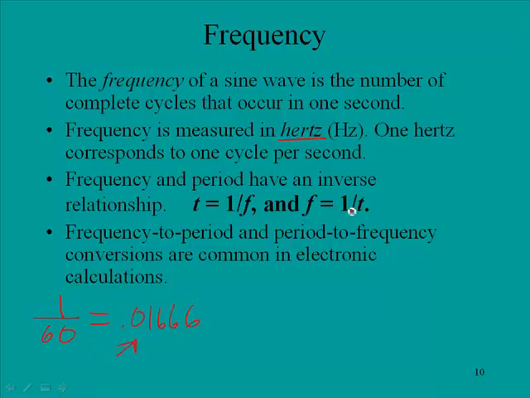And also frequency equals 1 over time, so if we took 1 over that value, 0.01666, we would get 60. So time equals 1 over frequency, and frequency equals 1 over time. Frequency to period and period to frequency conversions are common in electronic calculations.